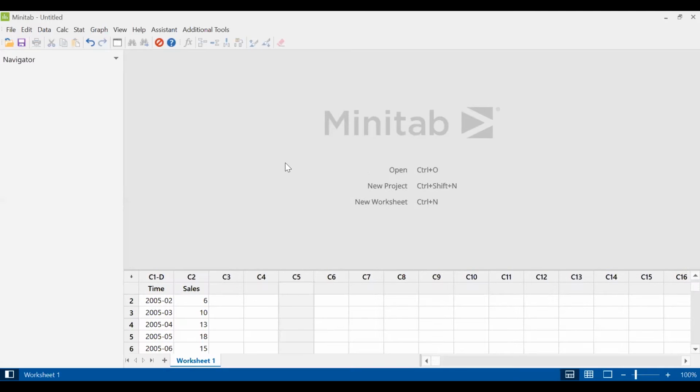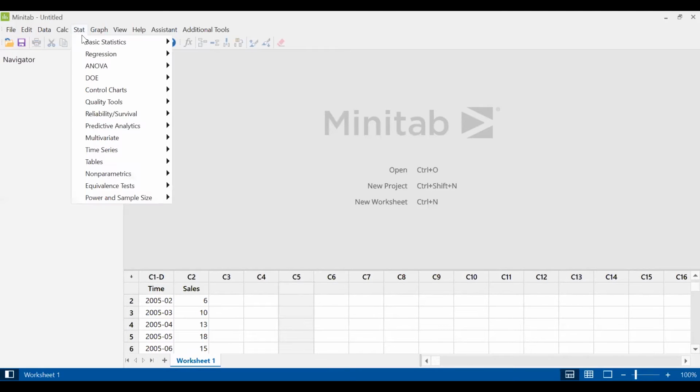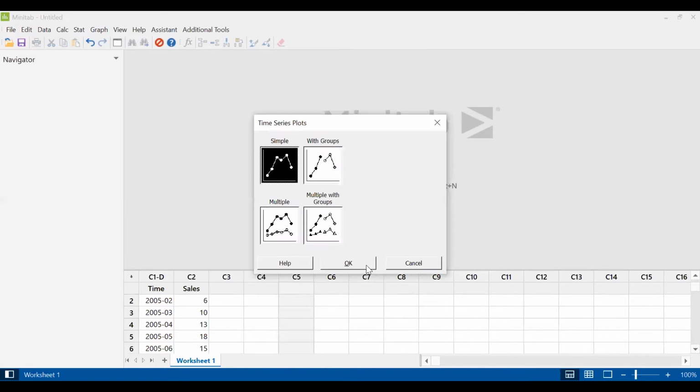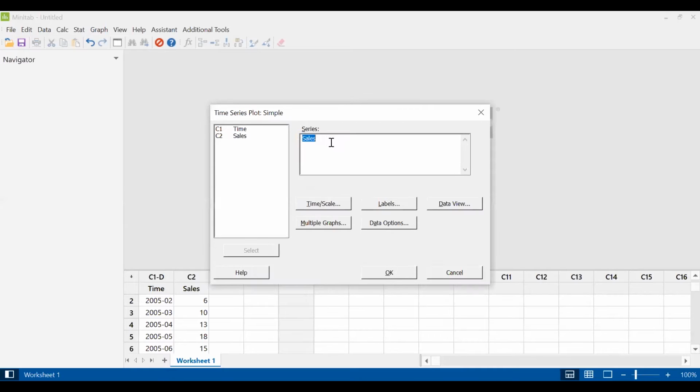Let's first examine the data using the time series plot. So let's go to Stat, Time Series, and click on Time Series Plot. Click OK. And the series of sales, so we double click on it, it will be filling in the table. We don't even bother with the variable time. The time is just for our reference, so we know when these data were collected.